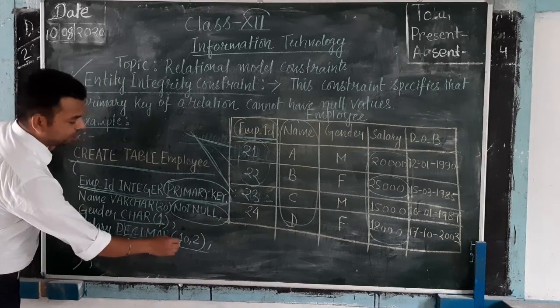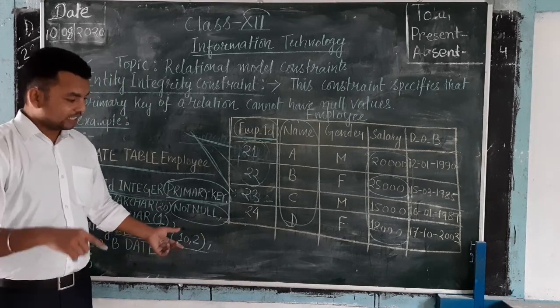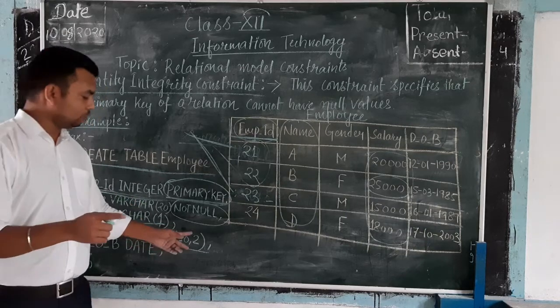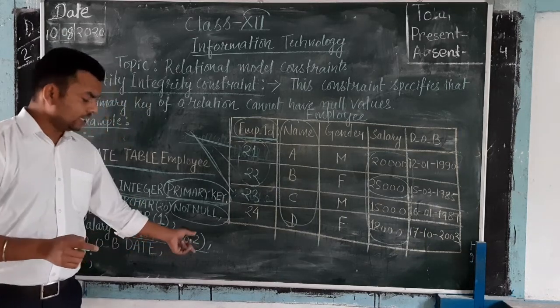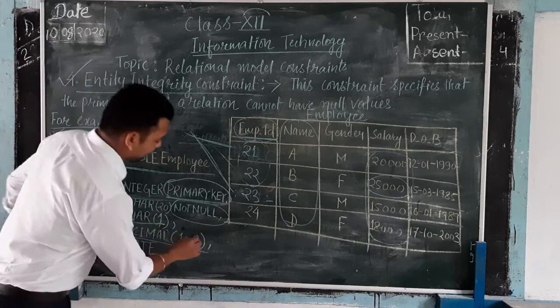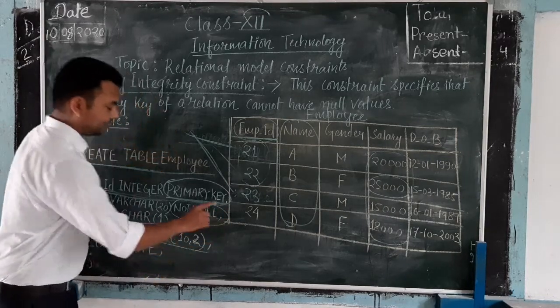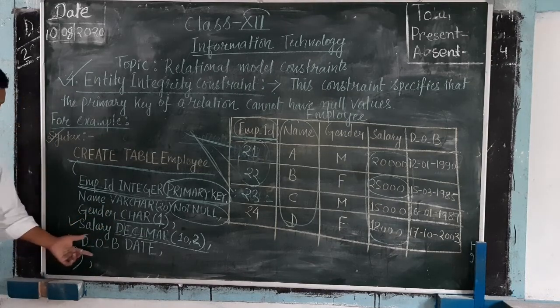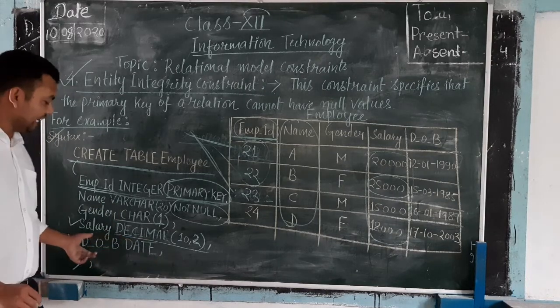So if we have a 10 digit salary followed by, say, 2, 3 more digits after the decimal point, then up to a maximum of 2 decimal places it will store our value. Similarly, the last attribute is date of birth.